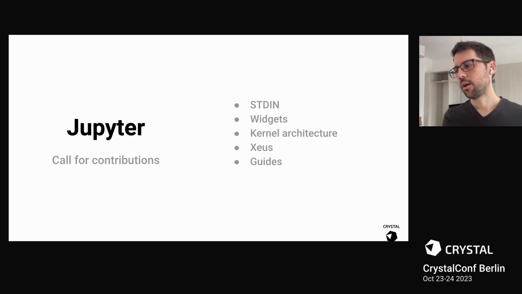Now that we have the Crystal REPL server, actually the whole kernel doesn't need to be in Crystal. It is less fun for us if it's not in Crystal, but maybe implementing the kernel using Xeus will give us widgets and a couple of other features right away, and we still use the REPL server for evaluating.